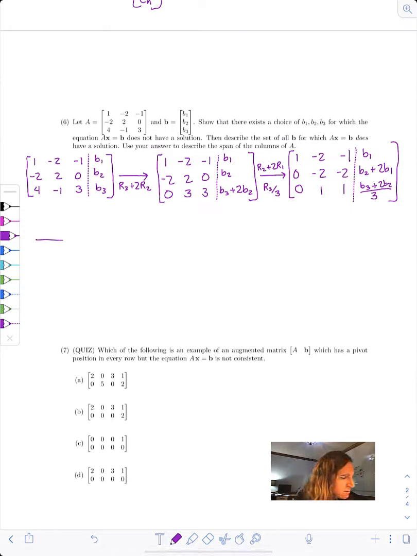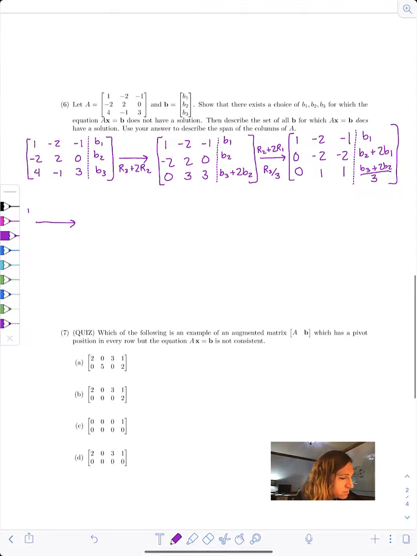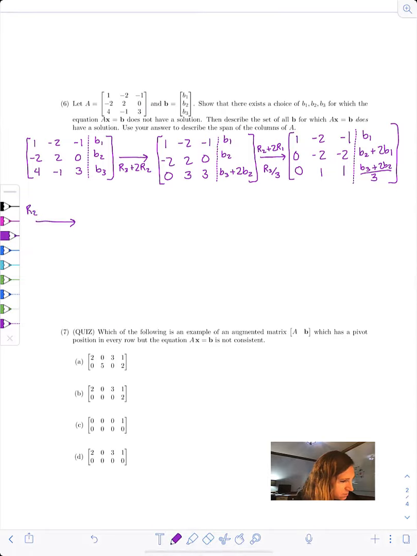Let's do row 2 plus 2 times row 3. This is a little bit of a weird order to do things in, but since we haven't seen a lot of row swapping, I don't think it's so bad.